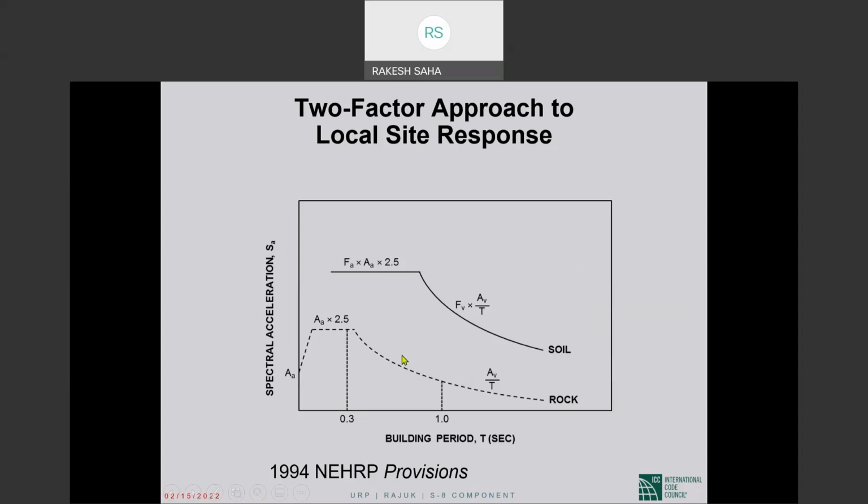So the 1994 NEHRP provisions proposed that this part of the design spectrum, the constant acceleration part, be amplified by a site coefficient F sub a, a short period site coefficient, an acceleration related site coefficient, and that this part of the spectrum be amplified by a different site coefficient, a velocity related site coefficient, a long period site coefficient, F sub v.